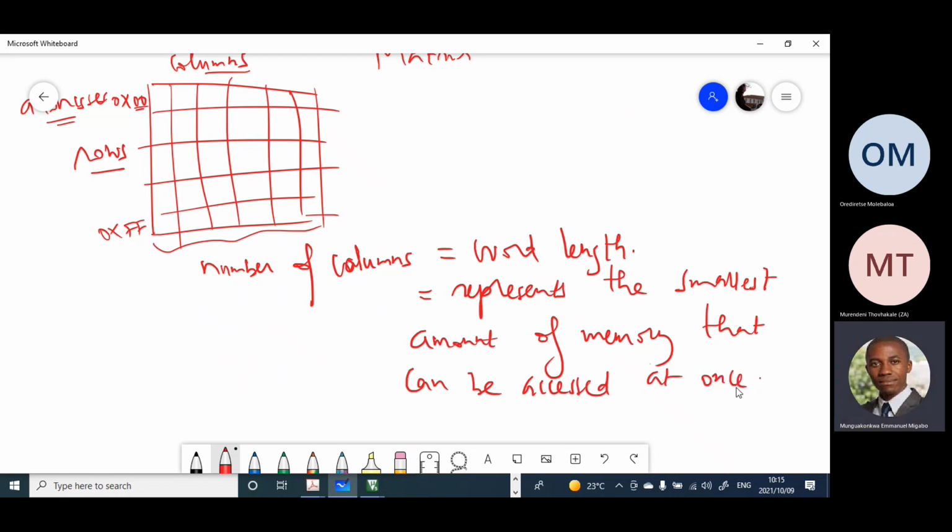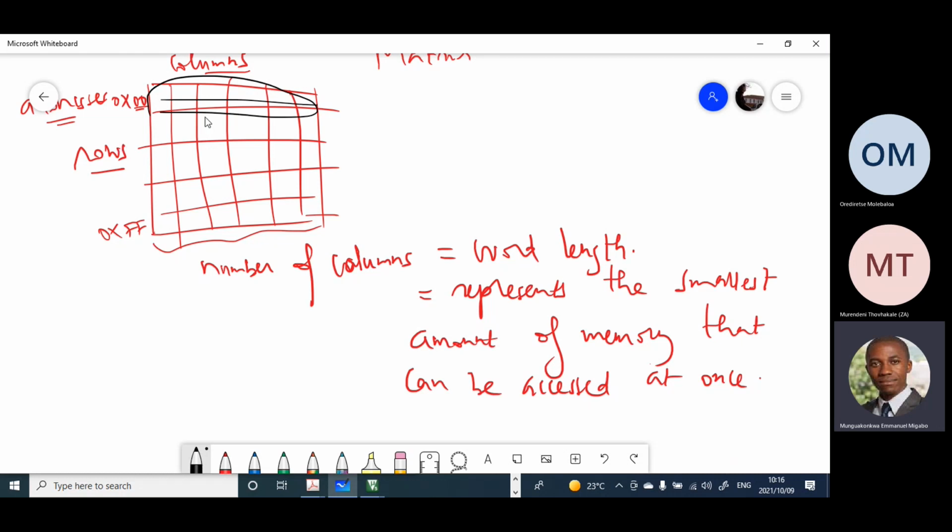Why do we say this is the smallest amount of memory you can access at once? On a computer system, the number of columns corresponds to the exact size of one address. So when you are at address 00, that's how many cells, as we call them, you can access at the same time.